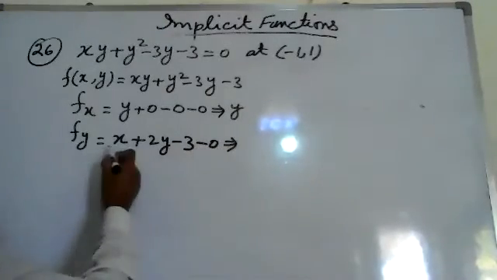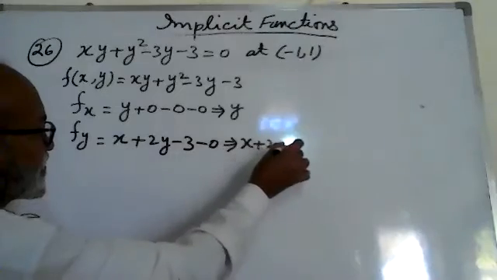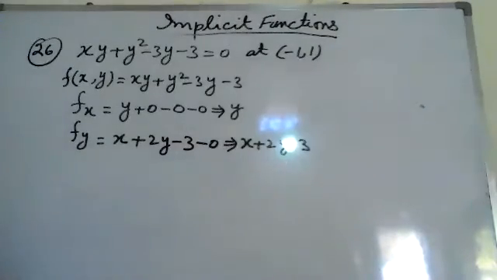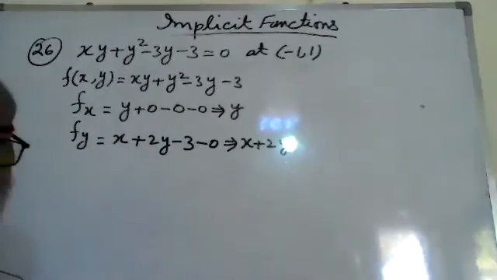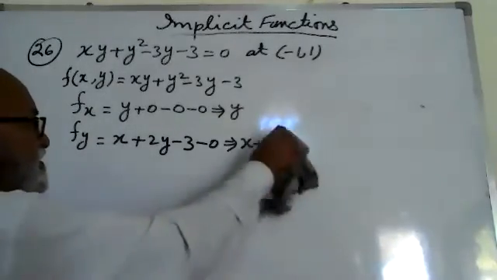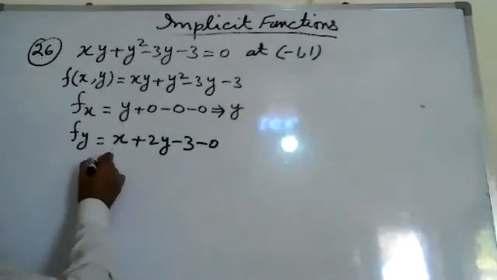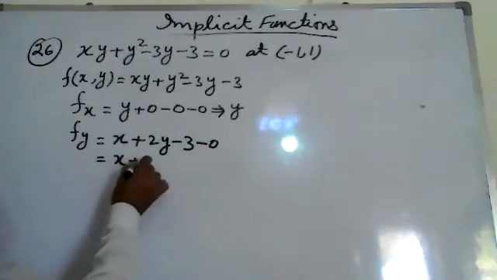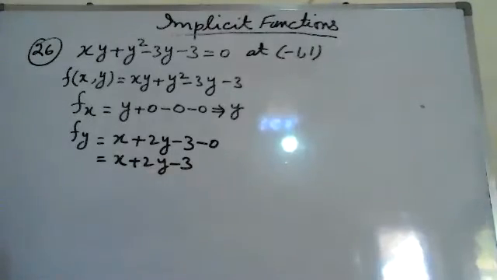So it will become x plus 2y minus 3. This is f of y.